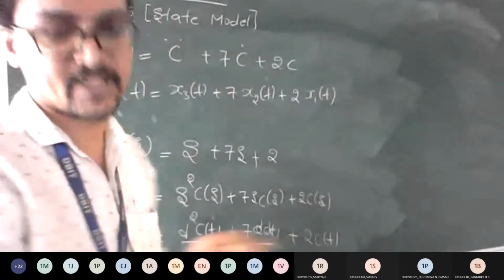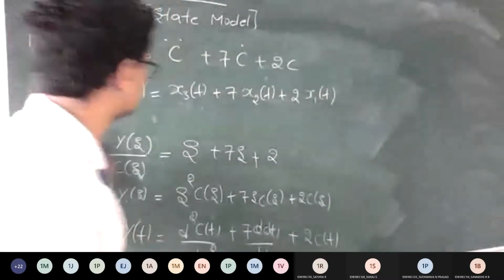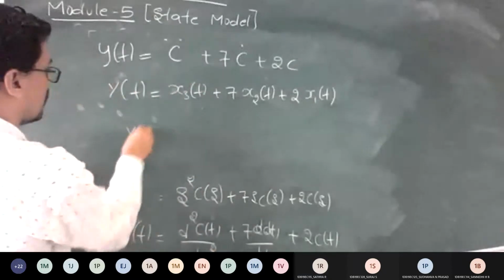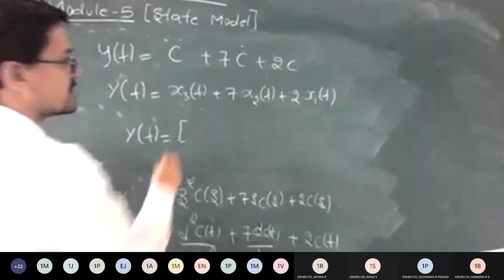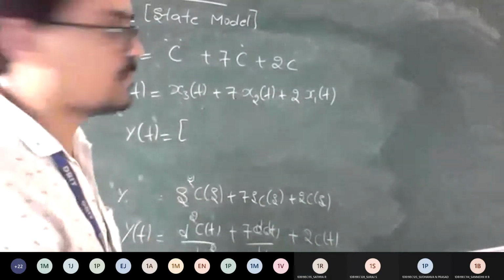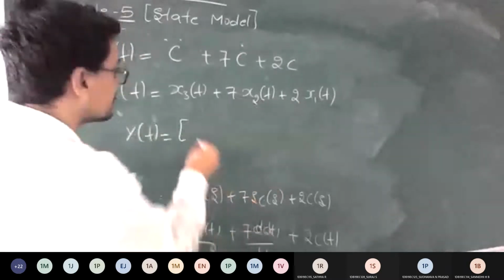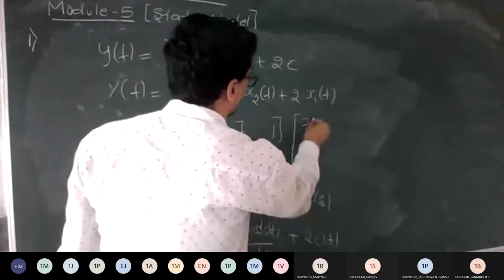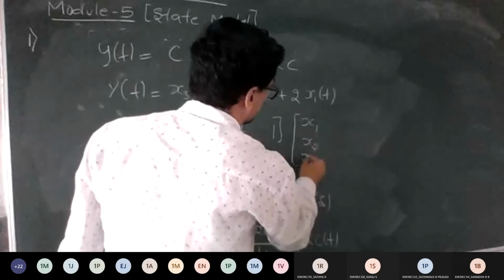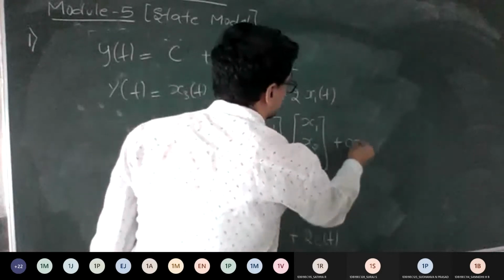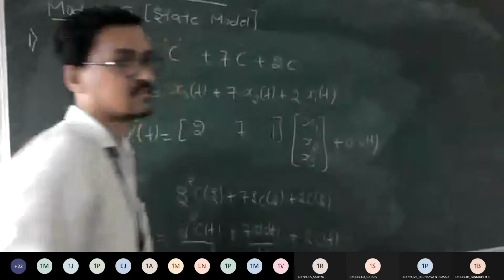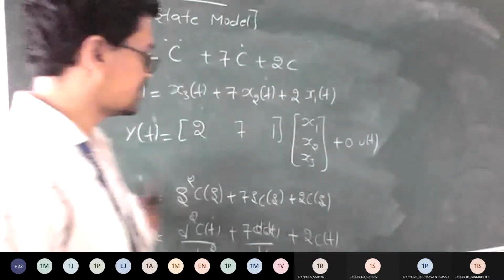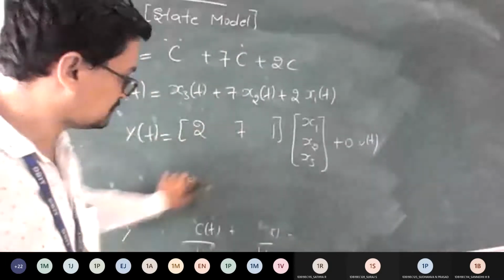So from this, can I get the coefficients, guys? Yes, sir. So what is y of t now? The coefficients are 2, 7, 1 for the corresponding x1, x2, x3, and the u term is not there, so you can write 0 times u. So is this the conclusion of this problem?